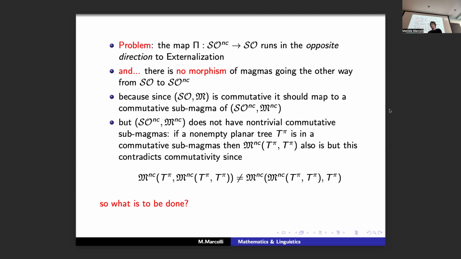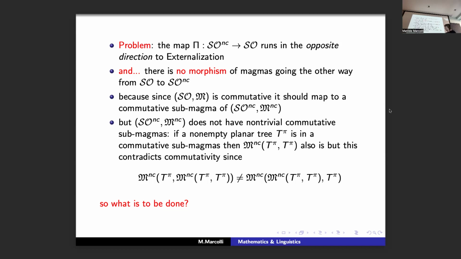But this free non-commutative, non-associative magma does not have any commutative sub-magma, because you can easily see that if there were some non-empty trees in this commutative submagma, then its product with itself would still be there.